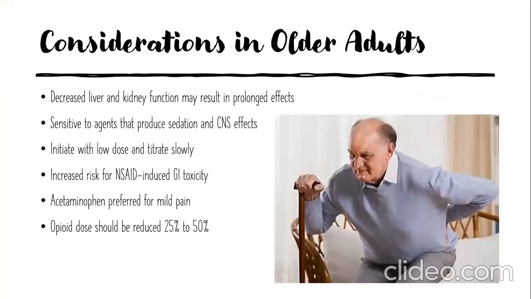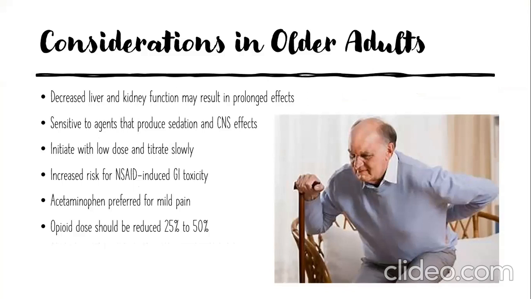And now we come to older adults. Older adults, obviously, everything's slowing down. So their kidney and liver function may be impaired just simply due to age. Because of that, it's going to cause the drug to linger. That's what I mean when I say prolonged effects. The kidneys and liver are not able to filter the drug out as quickly as they would for a 20-year-old.